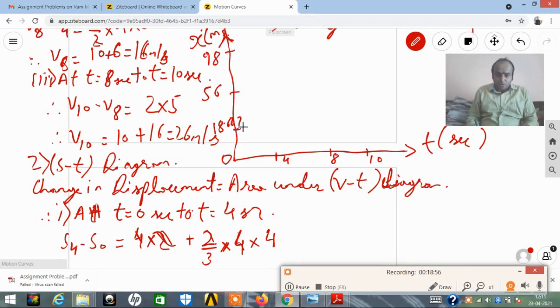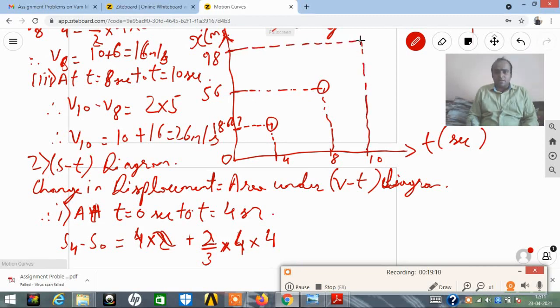Friends, we need to plot the values. For 4 seconds this value was 18.667. For 8 seconds it was 56 meters. When time was 10 seconds, it was 98 meters. So these are the values that we are seeing over here.